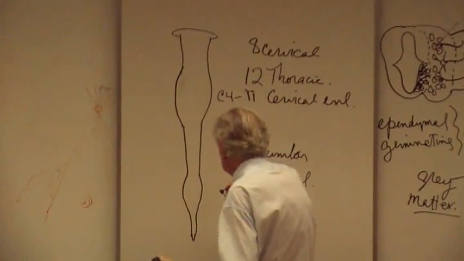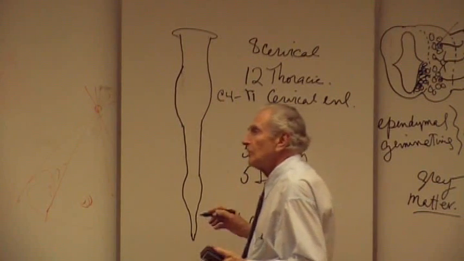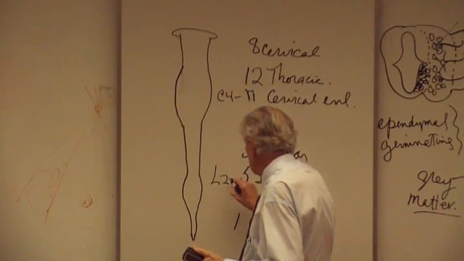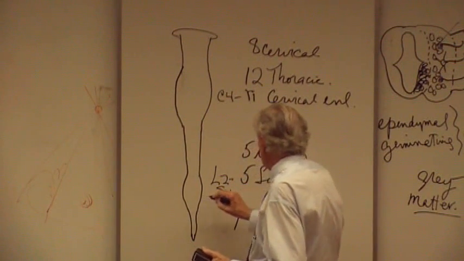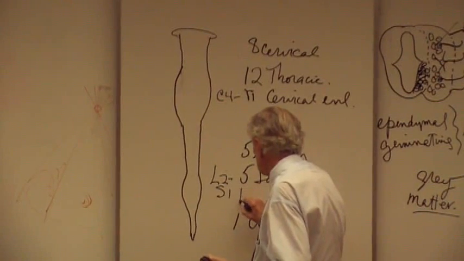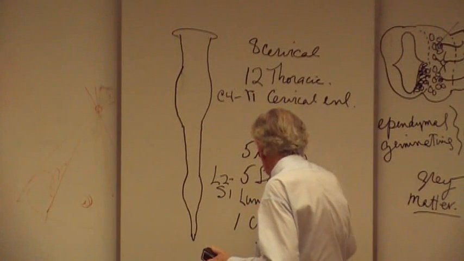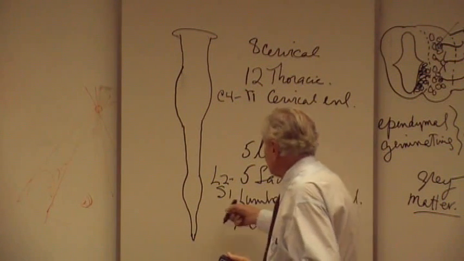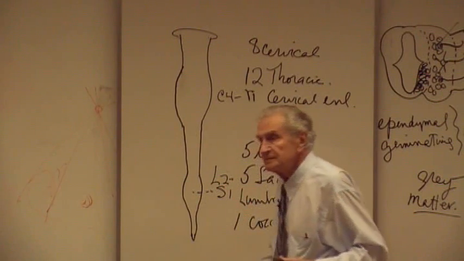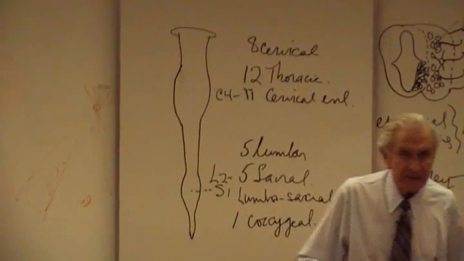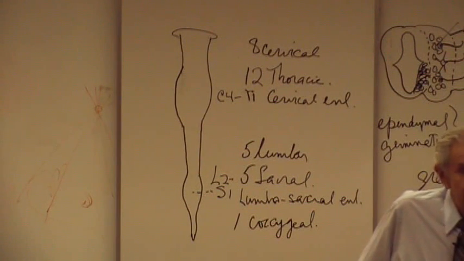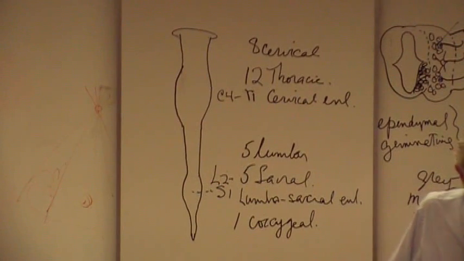And then down here, usually from about L2 or L3 to S1, let's say L2 to S1, is what we call the lumbosacral enlargement. For the same general reason, we're concerned with the enhanced number of cells and fibers that are necessary to control the legs, the feet, and the toes. You can understand that.